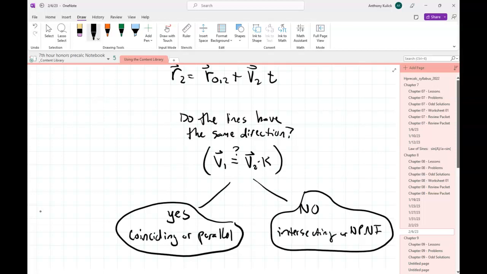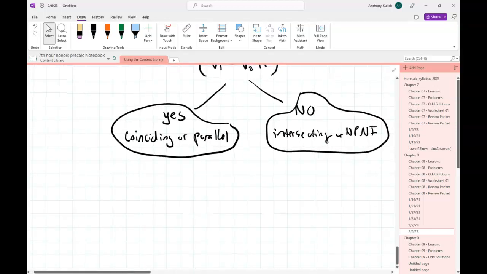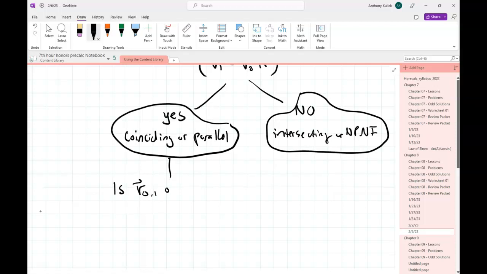Everybody's cool with the first split? Same first test we did for two dimensions, same technique. That's wonderful, I love that. To tell the difference between parallel and coinciding, we want to ask, is the point vector from the first equation on the line for the second equation?